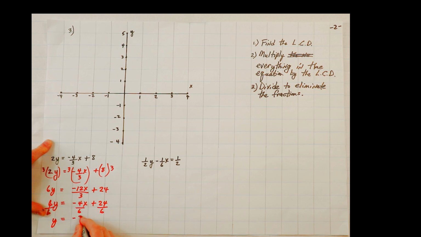I'm going to reduce it to negative 2 over 3x. That'll make it easier to count spaces with the slope. Plus 24 divided by 6 is 4.